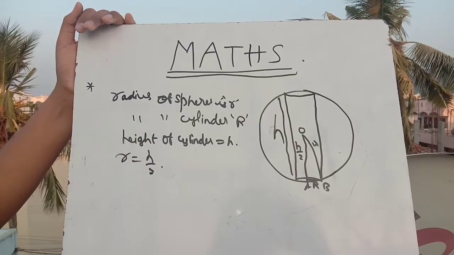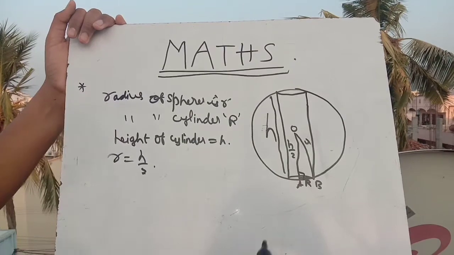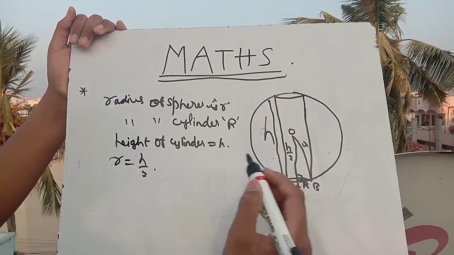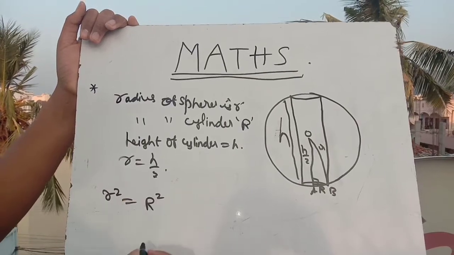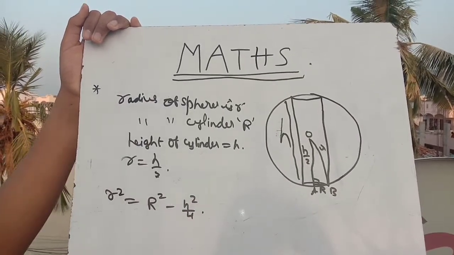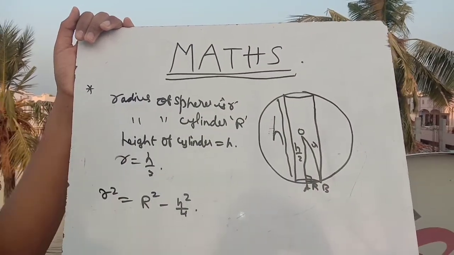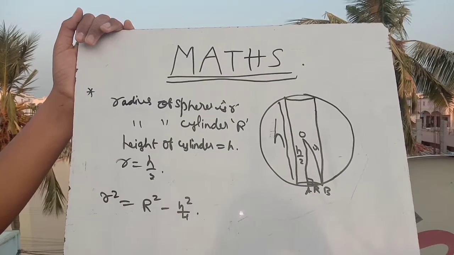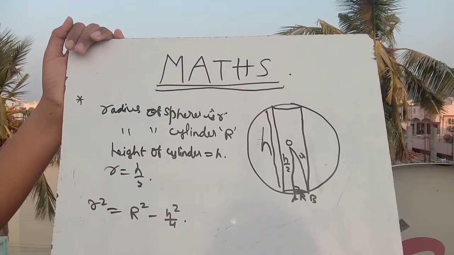Here there is a right angle triangle formed, which we named AOB. From this, small r whole square is equal to capital R square plus h square by 4. It is a right angle triangle, so by the theorem, hypotenuse square is equal to side 2 square plus side 1 square.